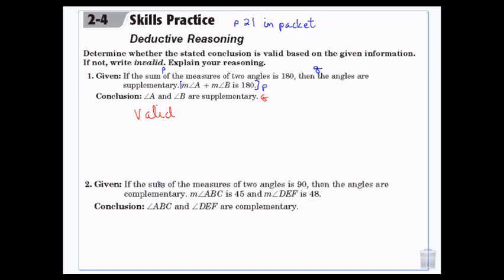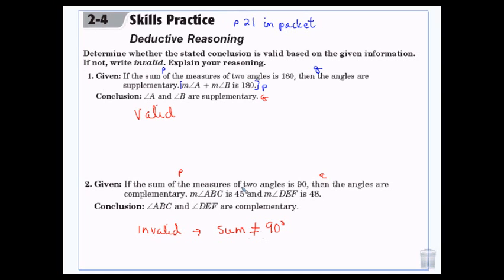So let's try this one. We have if the sum of the measures of two angles is 90, then the angles are complementary. So this is P, Q. I have the measure of angle ABC is 45, and the measure of angle DEF is 48. Yeah, it's invalid. And that's because the sum was not equal to 90.